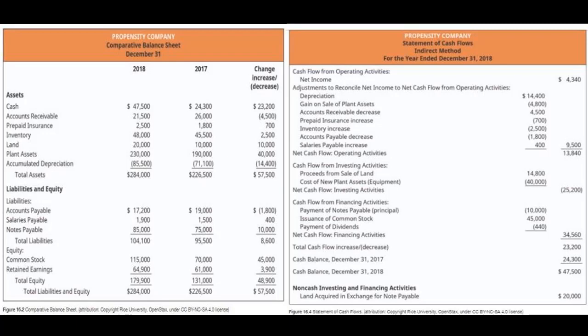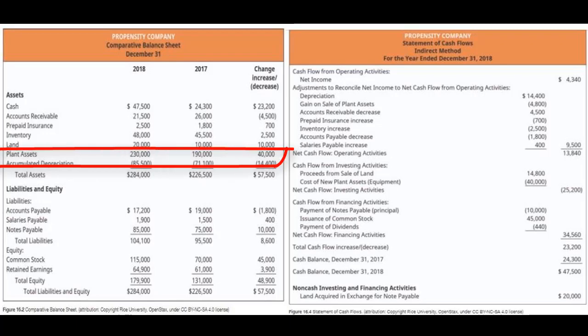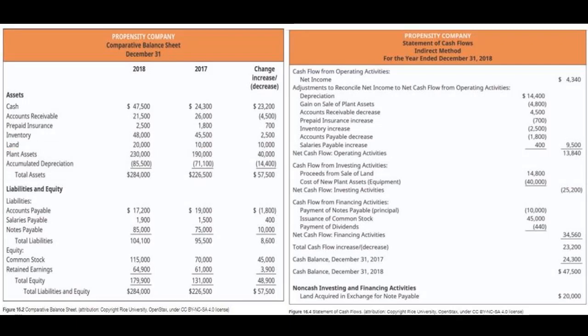If you go back to 16.2 and look at the asset, plant assets, we had mentioned that plant assets increased by $40,000 over the course of the year, most likely because we bought some new equipment, and because we paid cash for that new asset, there should have been a $40,000 decrease in cash to buy new plant assets.